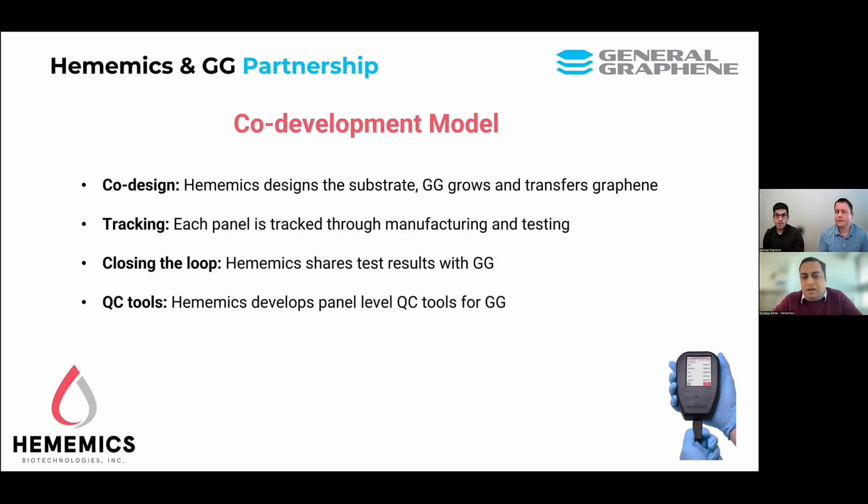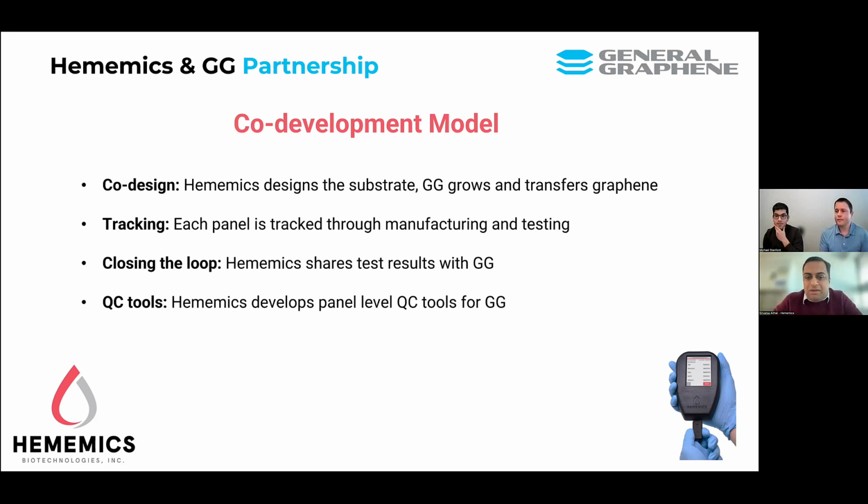We have some quality control steps that come before we add the biology on the chip. Those data typically get shared with them so that they can improve their process and figure out any issues. We are also developing tools that we can send to General Graphene, so that when the panel is developed, before even biology or further processing is done, this panel can be quality controlled.